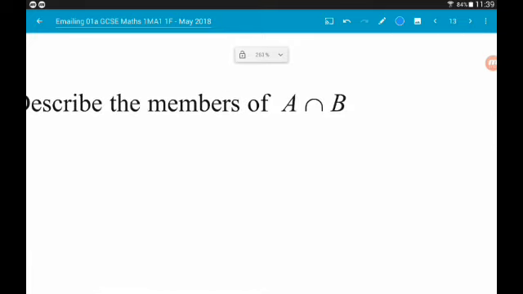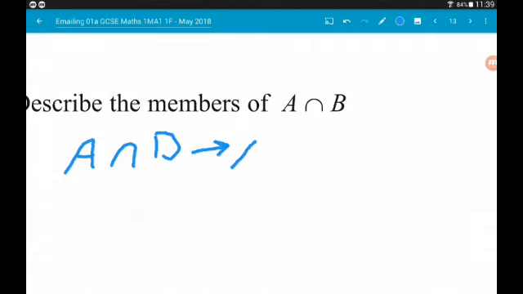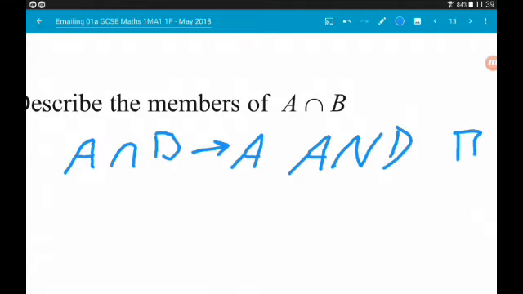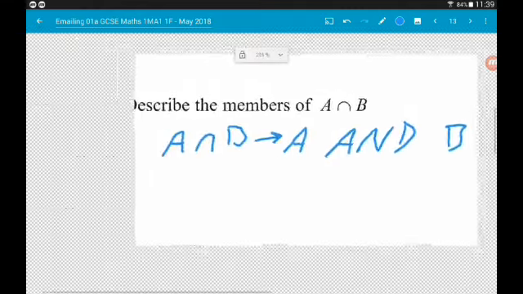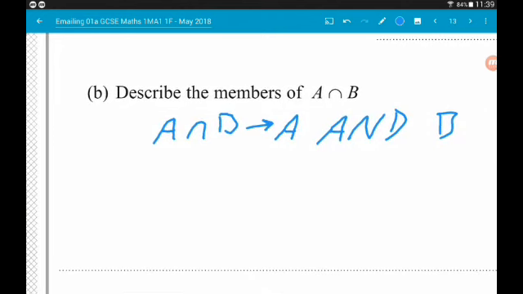Okay, then part B says to describe the members of A intersection B. So again, in English, A intersection B means A and B. So when it says describe the members of A intersection B, it doesn't mean to list the numbers. It means to describe what this set means.